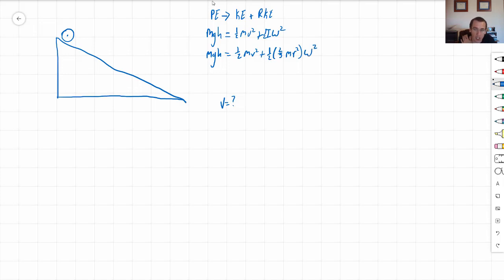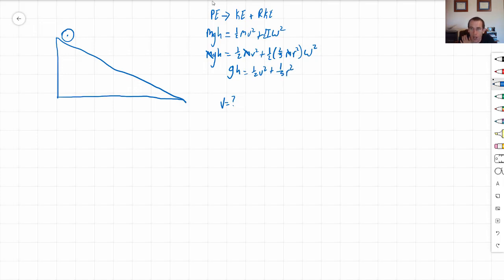Now I'm going to probably change that omega in just a second, but it is worth noting that there's a mass in every quantity, so we can cancel it out, and so we have g times h equals 1/2 v squared plus 1/2 of 2/5 is 1/5 r squared, and then I have omega squared.